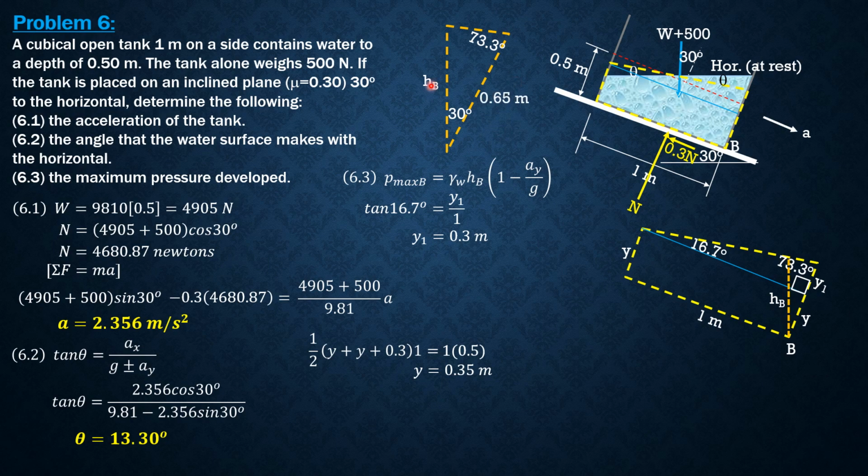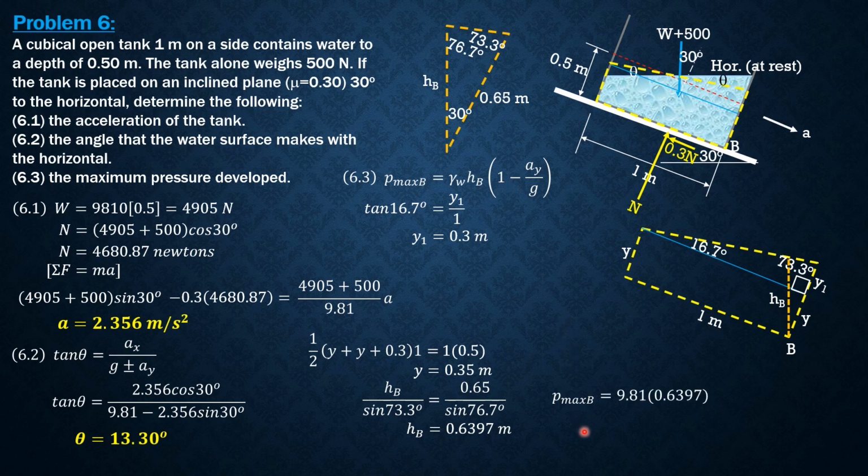This is HB, and this is 0.65, 0.35 plus 0.3, and this is 76.7 degrees. By sine law, HB over sine 73.3 equals 0.65 over sine 76.7. So we can now compute HB. HB is 0.6397. Then substitute into this equation here.